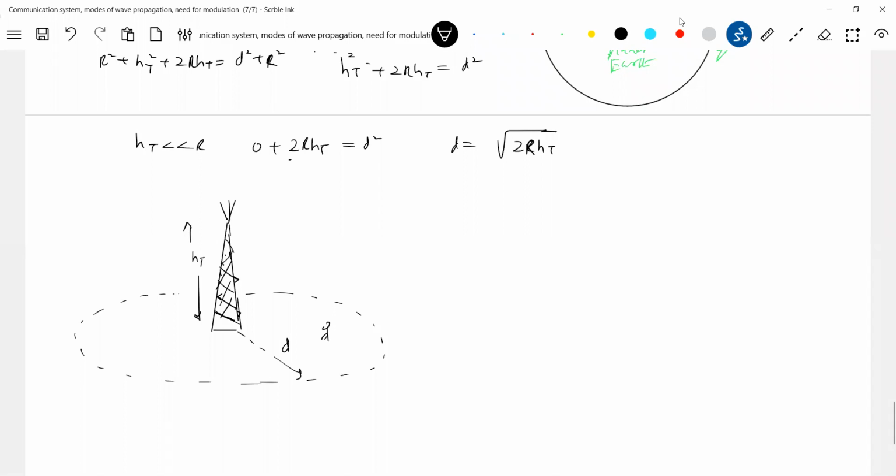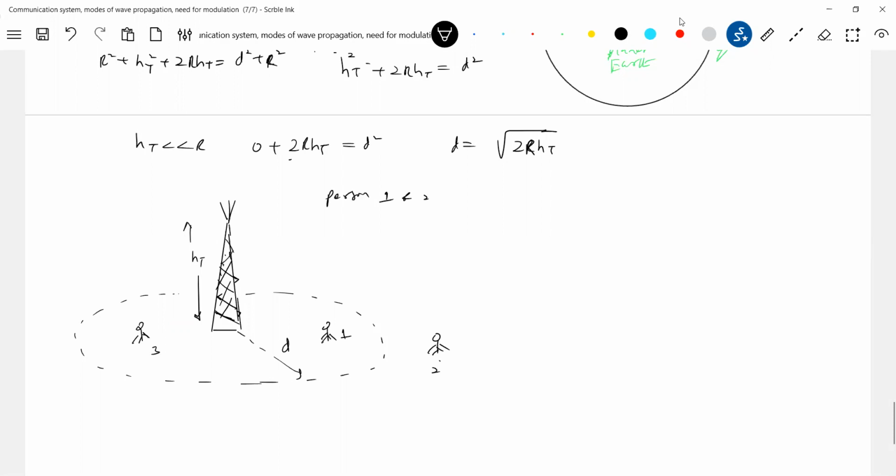Suppose you are standing here. Which person will receive signals? This is like a mobile tower. Person 1, 2, and 3.